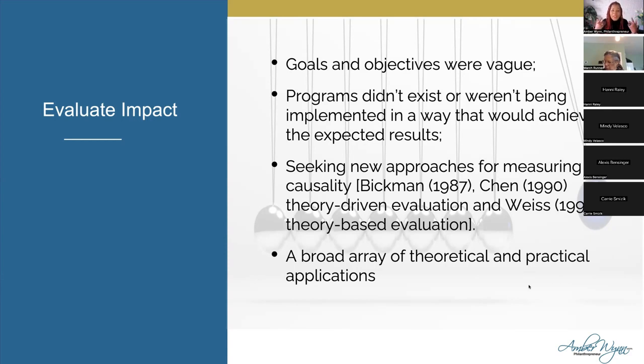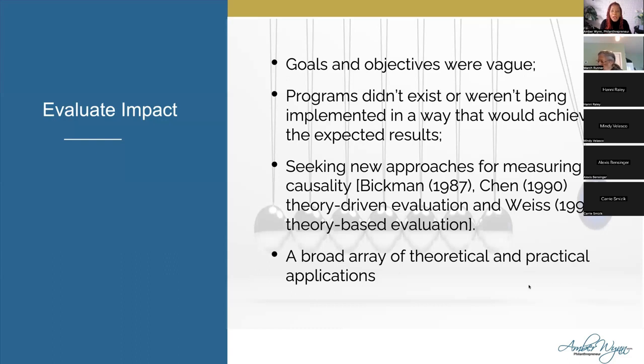As funders, that is what we experience. It's like, okay, so you're delivering the programs, but how do we know as a funder writing the check that we're going to get the results that you're promising? So that's what happened, right? They were like, okay, we need a different way to evaluate that. And then that's when Bickman and Chen created this theory-driven evaluation.